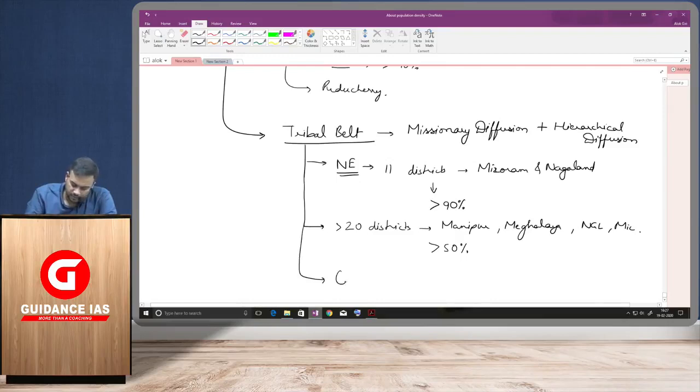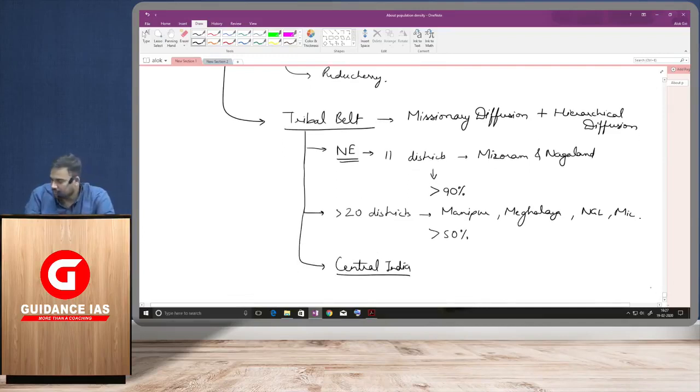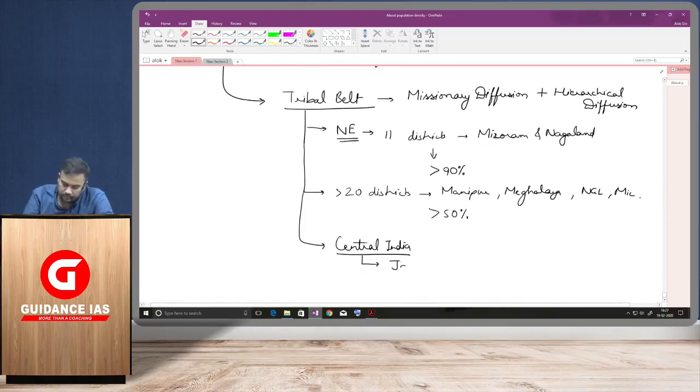Then another important area is the central Indian tribal belt. Here, although the concentration is low, take the case of Jharkhand: the highest concentration, about 10%, was found in the Bamla region of Jharkhand.